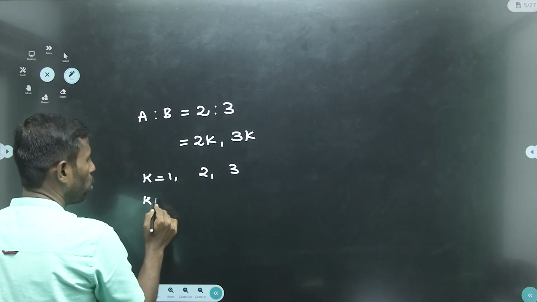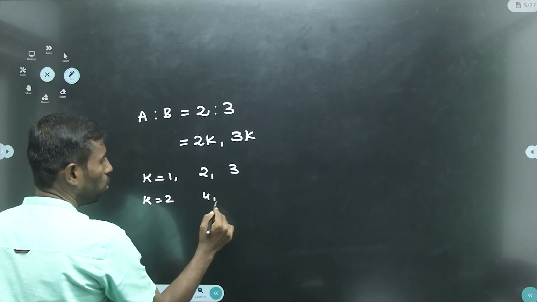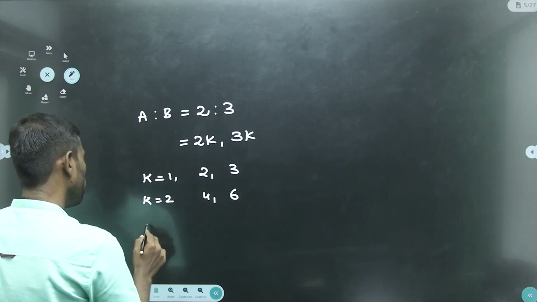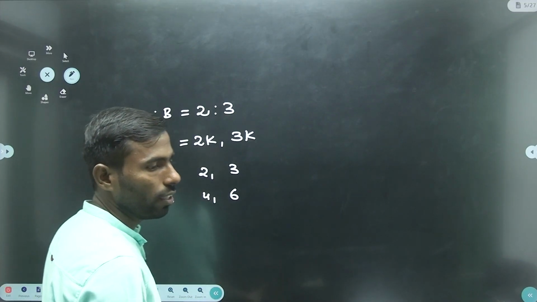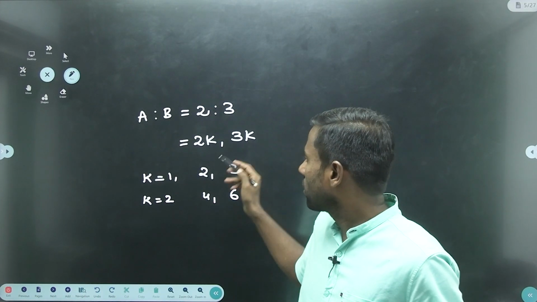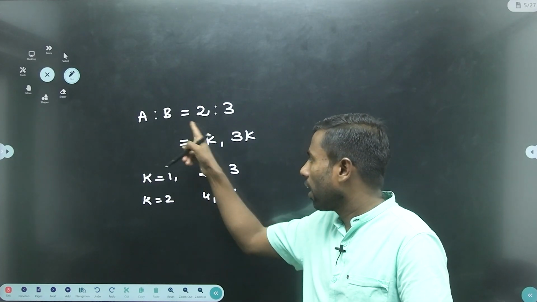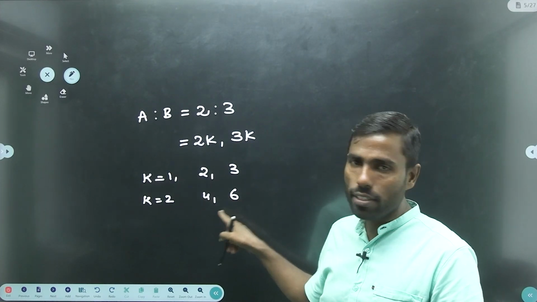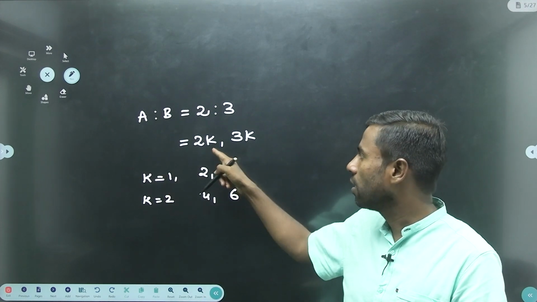If you take K equal to 2, it is 4 and 6. If you take K equal to 3, the numbers go on. If you take K equal to 10, it is 20 and 30. So what I'm trying to say is, the simplified form is 2:3. A can be 2, B can be 3, or A and B can be 4 and 6. The list goes on until you know the K value.